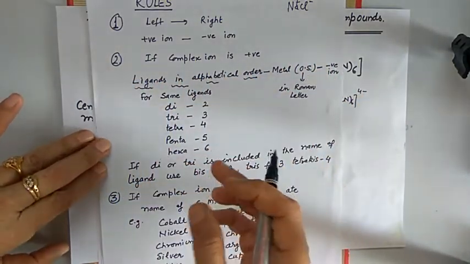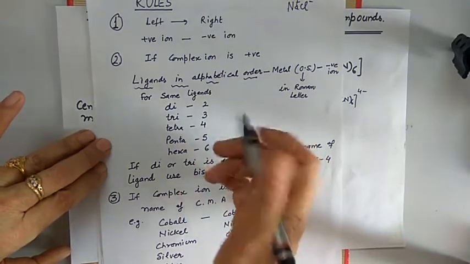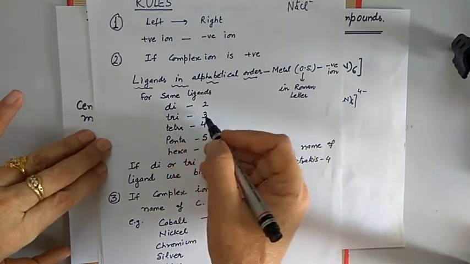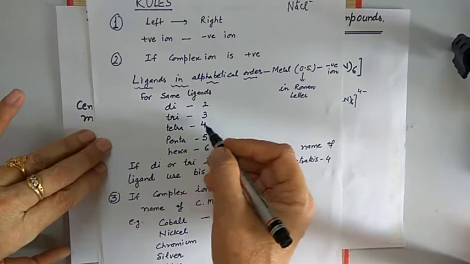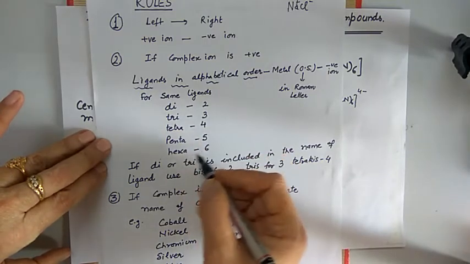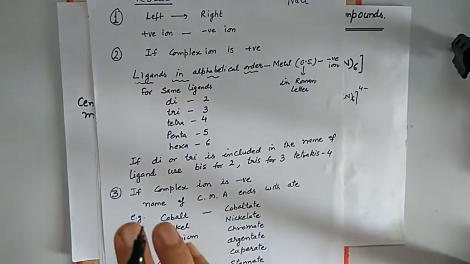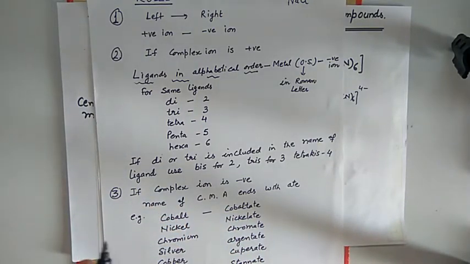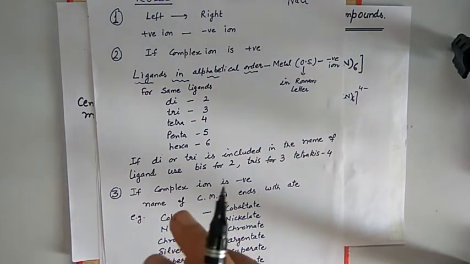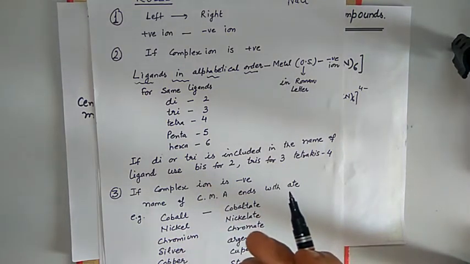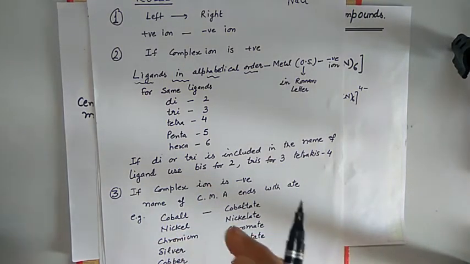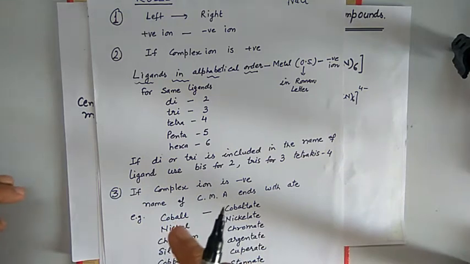If two or three of the same ligands are present, we use di for 2, tri for 3, similarly tetra for 4, penta for 5, hexa for 6. But sometimes di or tri is already used in the name of the ligand. In that case, we don't use di or tri for the same ligands.